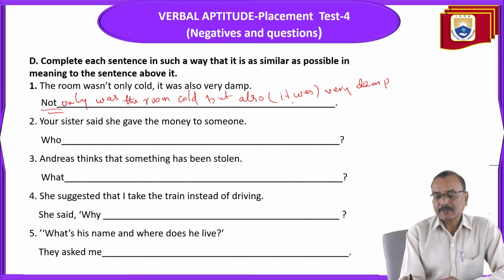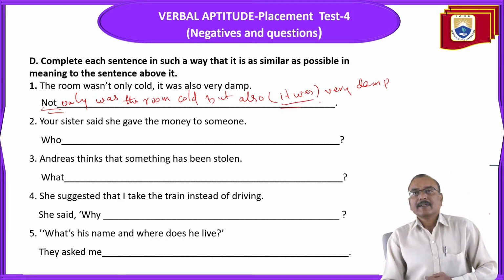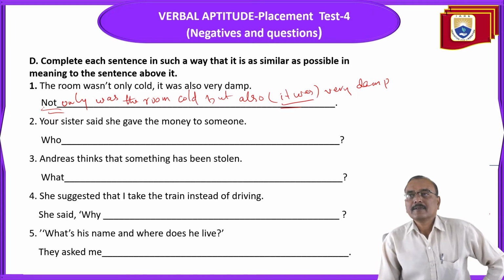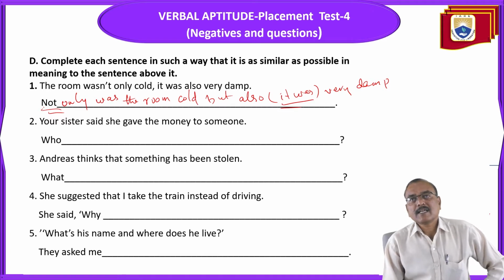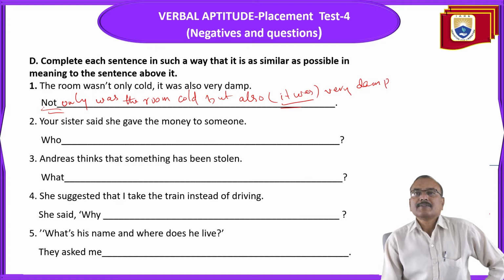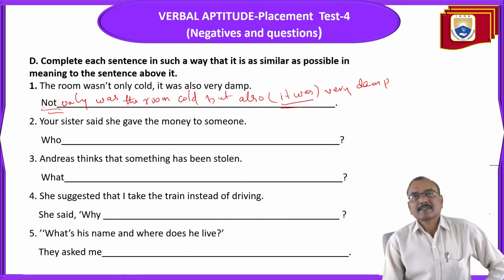You see, so you can avoid "it was also." Not only was the room cold, but also very damp. Okay, this is a rewritten sentence which gives a similar meaning as in the first statement.